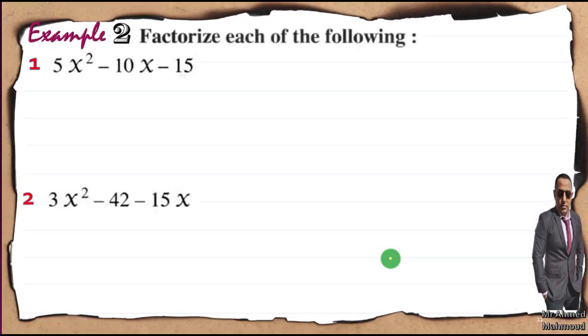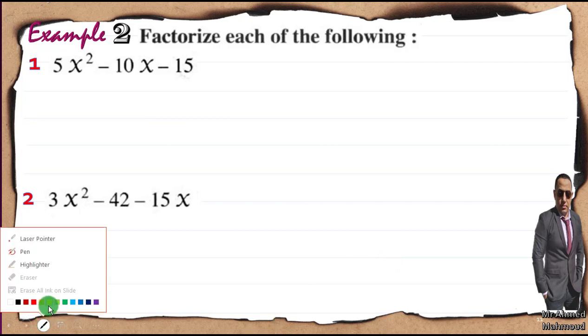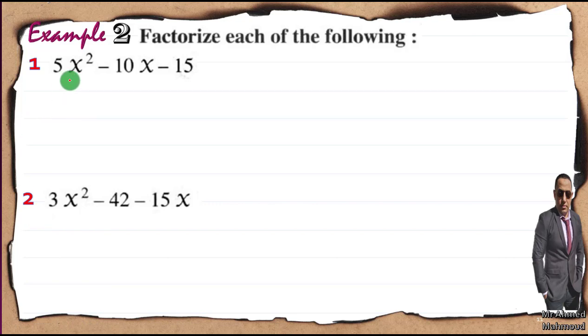Factorize these two expressions. Number 1, 5x power of 2 minus 10x minus 15. By looking carefully at 5 and 10 and 15, they're in the 5 times table, so I'm going to write 5. By looking carefully at the letters, x power of 2, x, and here I don't have an x, so I have common factor 5 only.